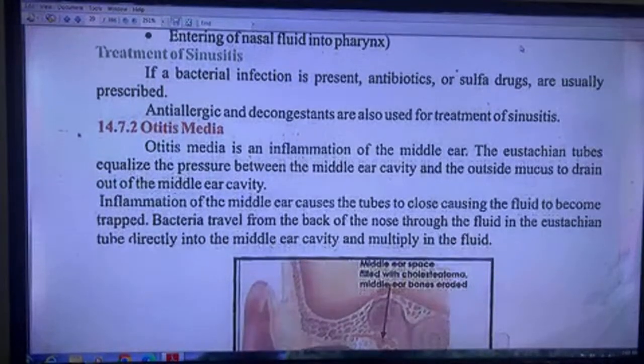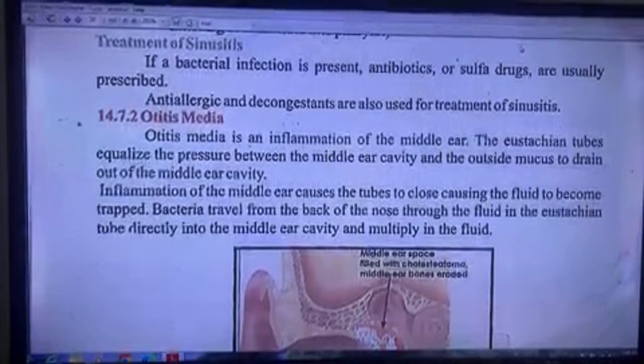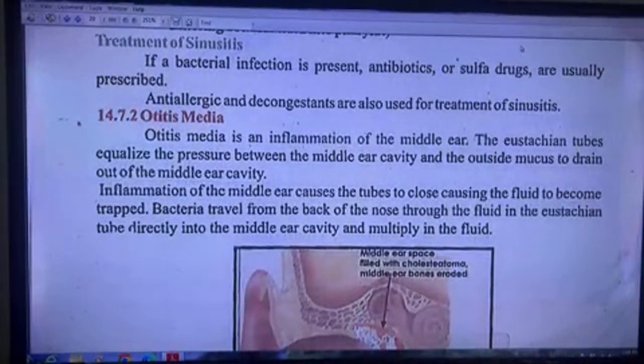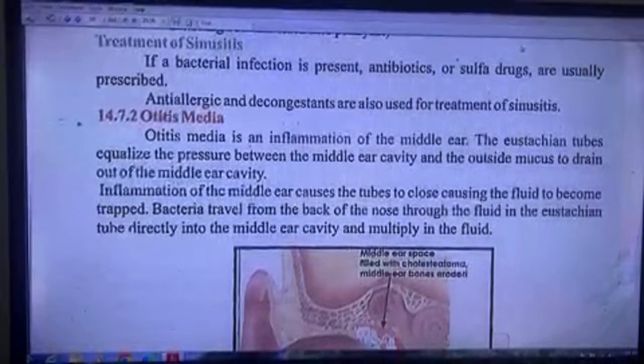Treatment of sinusitis: if a bacterial infection is present, antibiotics or sulfa drugs are usually prescribed. Anti-allergics and decongestants are also used for treatment of sinusitis.